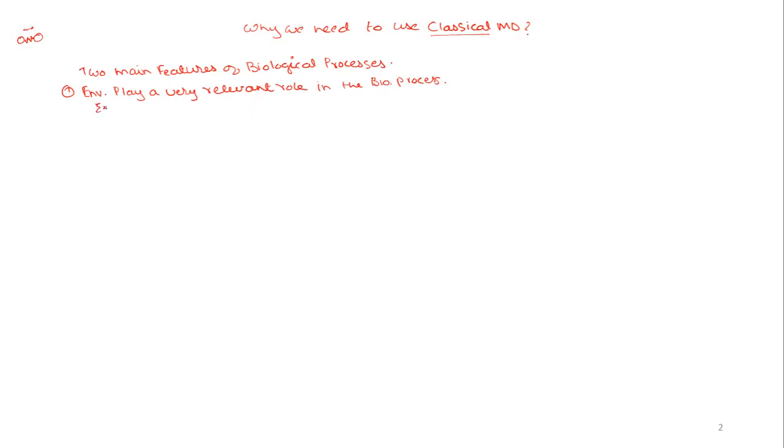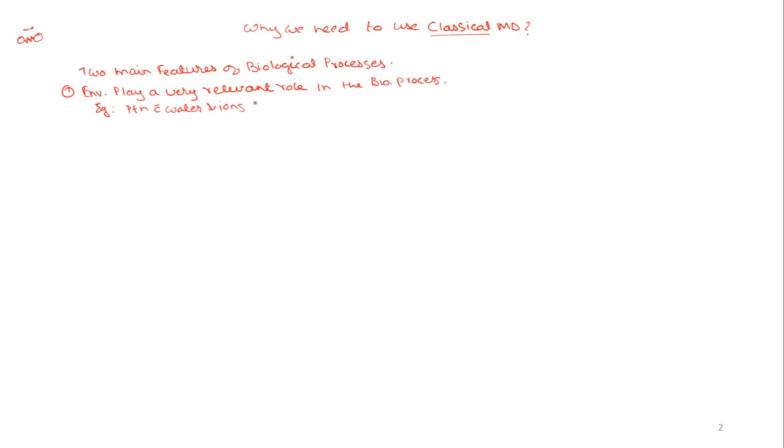For example, we need to simulate some protein that is in complex with water and ions, and that would eventually result in a very huge system that I have already shown you in my previous introductory lecture series, right?